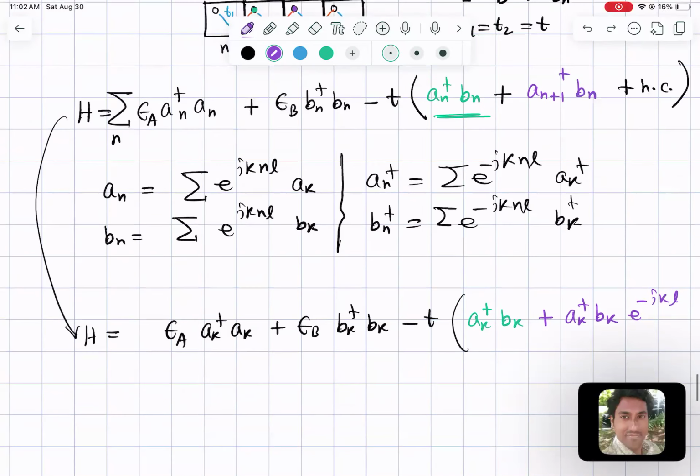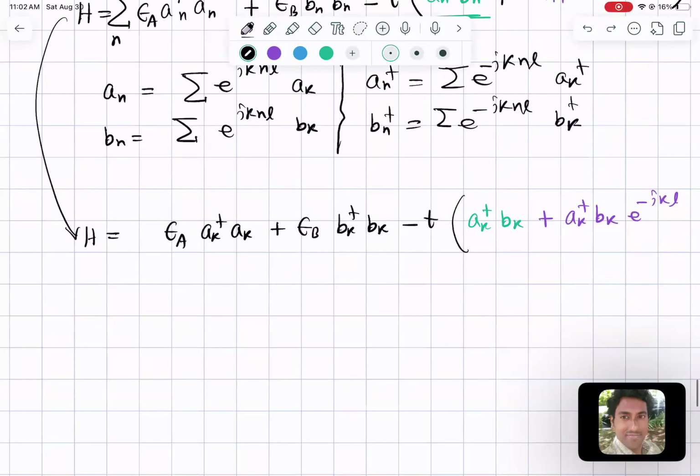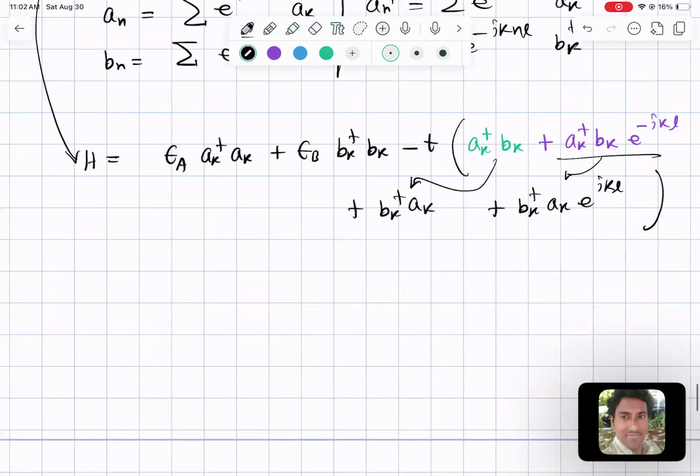And for the next two terms, because we are taking the Hermitian conjugate, we just have B_k dagger A_k, the conjugate of this, plus B_k dagger A_k e to the power i k l, the conjugate of the last term. And the sum over k.